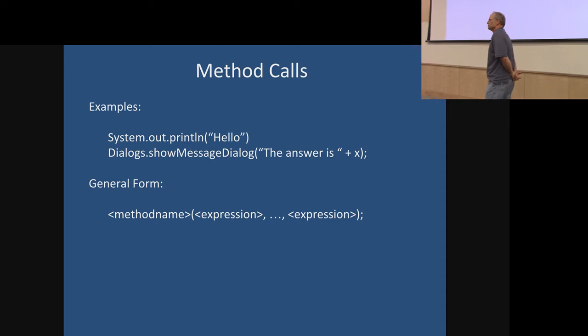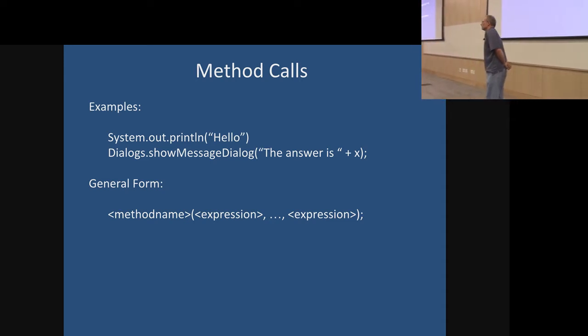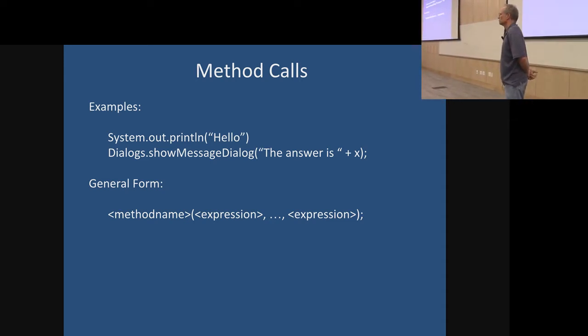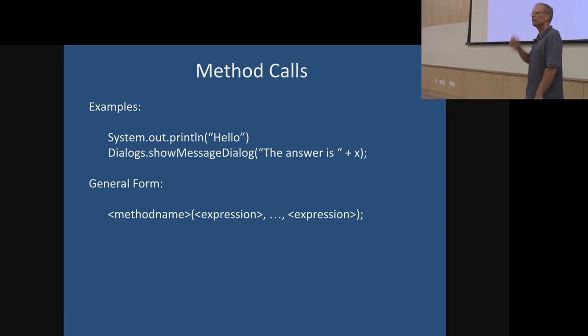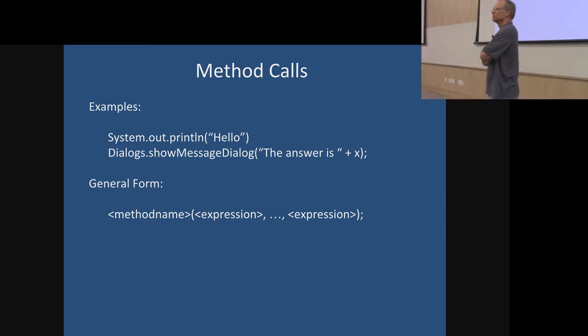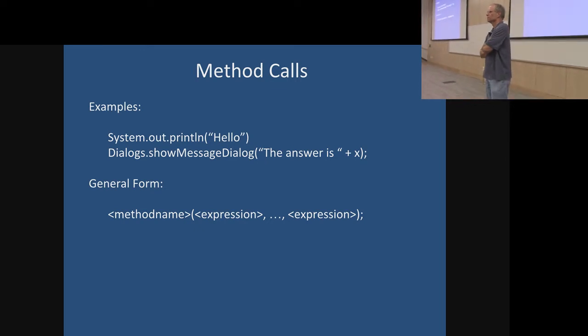Yeah? Well, he's asking a sort of advanced question about methods. Let's wait till we look at simple examples before he asks a question like that. Yeah? In the zyBook, a lot of methods weren't formatted with periods like these.